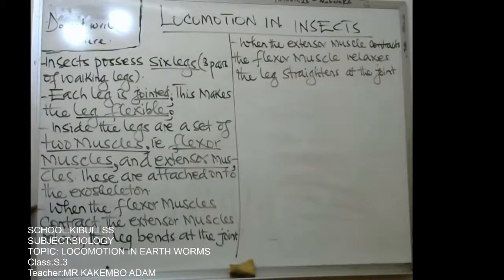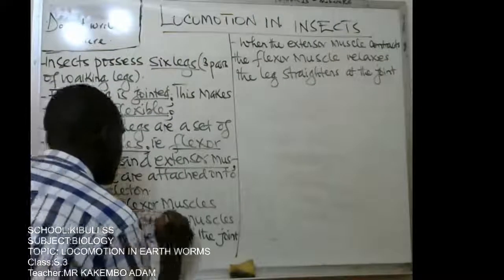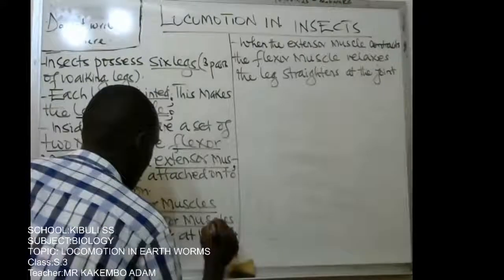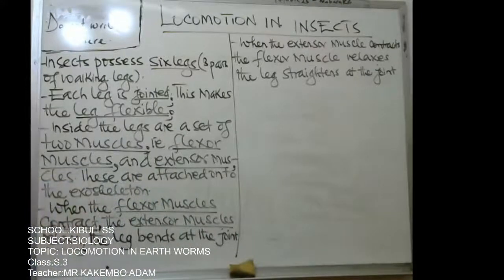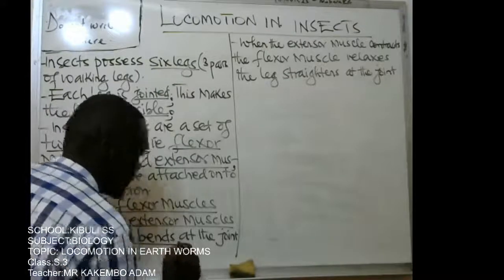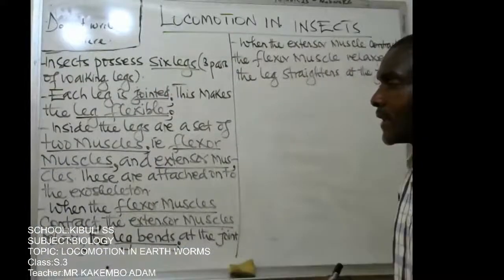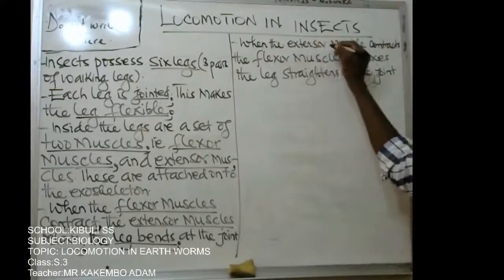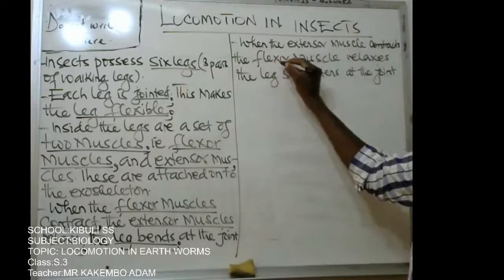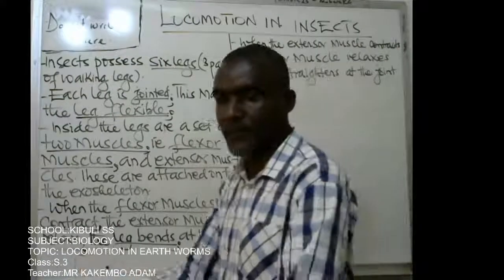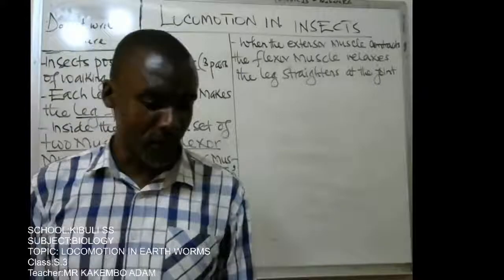When the flexor muscle contracts, the extensor muscle relaxes, and the leg bends at the joint. When the reverse happens, the extensor muscle contracting and the flexor muscle relaxing, the leg straightens at the joint. So the body is changed in terms of position.